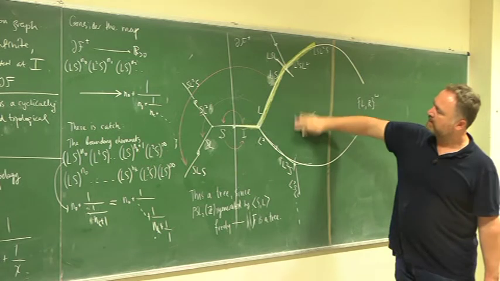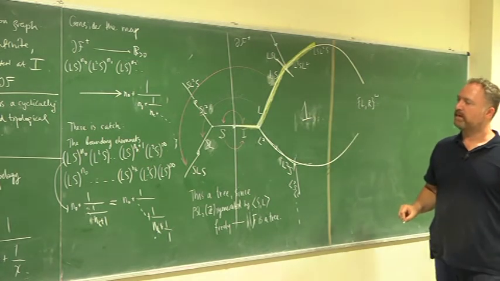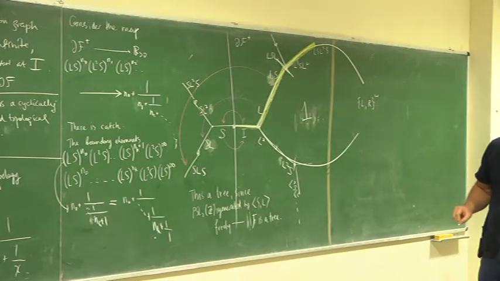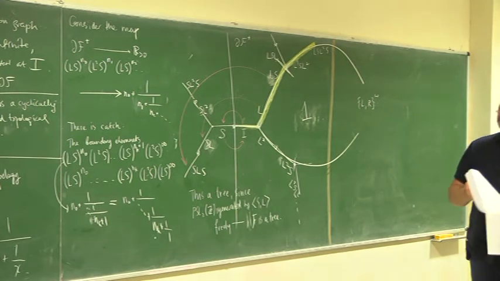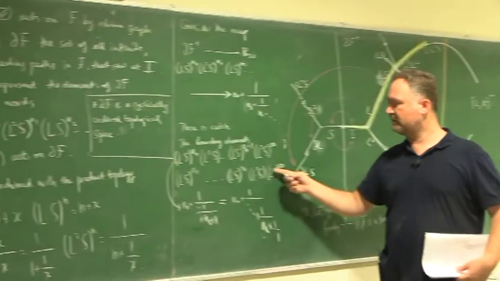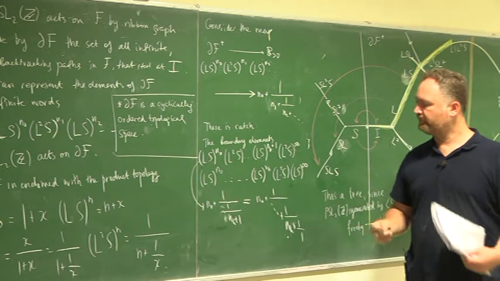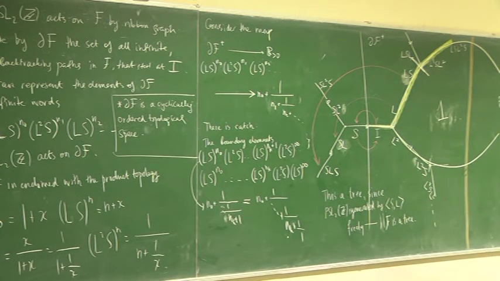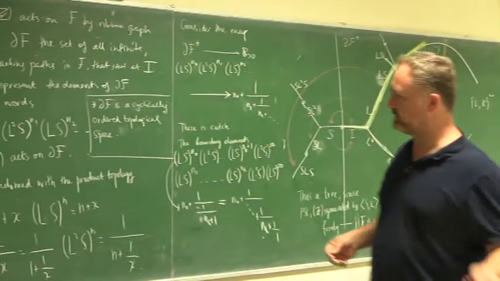In this case, these two paths represent the rational number 1. This is only in the case k is even. If k is odd, then I have to exchange these two, L squared with Ls. However, it is essentially the same, so I'm not going to write this again.